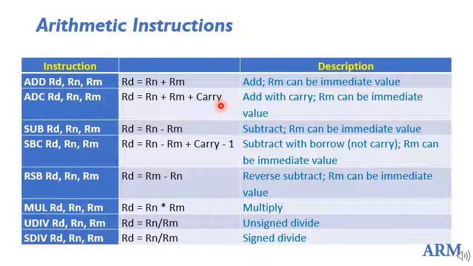The carry is a single bit in the APSR register. It's a flag which gets set due to the result of the execution of the previous operation. So this carry also will be added to the two source operands, and the sum will be stored in the destination operand, that is Rd. So that is ADC.